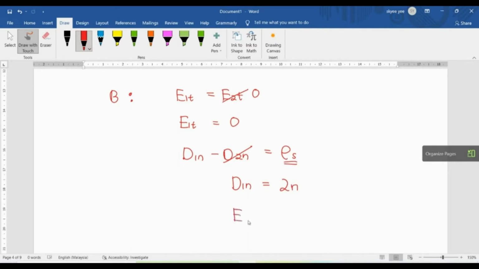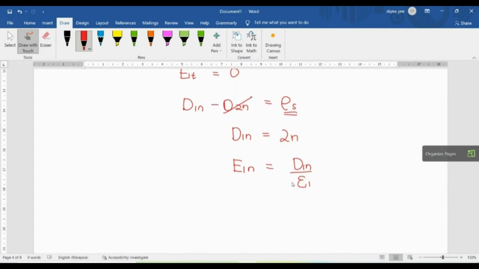Your E1n will be equal to D1n divided by epsilon 1. So this is the formula. Your D1n is 2 nano, divided by epsilon R1 multiplied by the permittivity of free space.